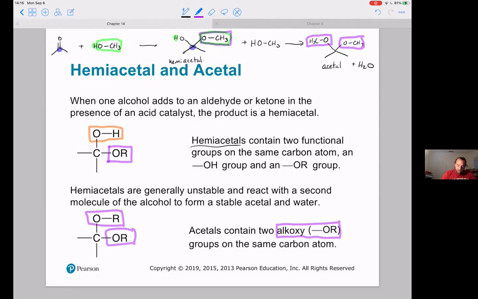So the difference is that a hemiacetal has an alcohol group and an alkoxy group, an OR group, and that occurs after one round of addition of an alcohol to a ketone or aldehyde. If you have a second round of addition of an alcohol, then you have what's called an acetal. And you can recognize that because there are 2 alkoxy groups.